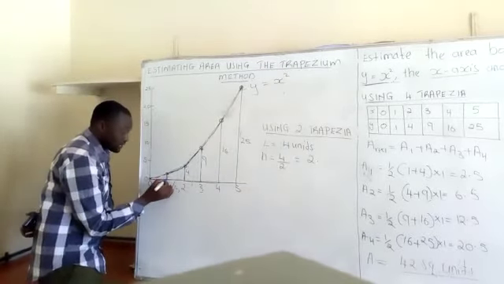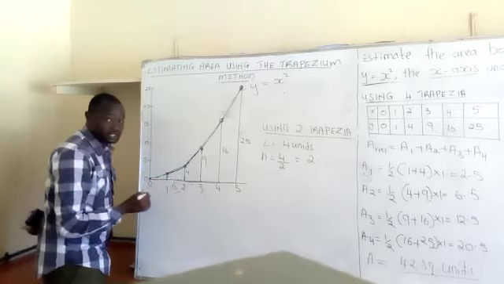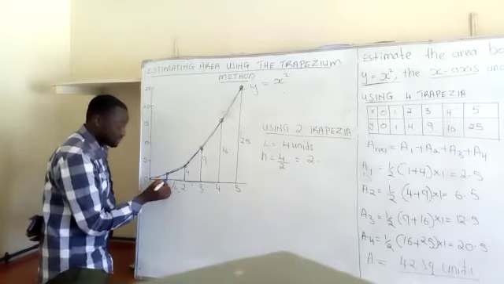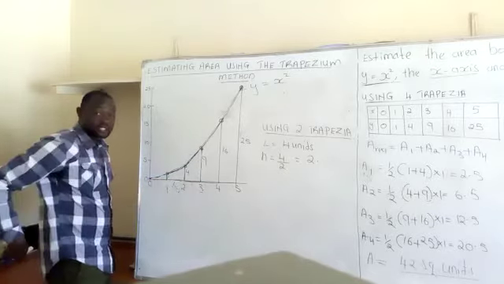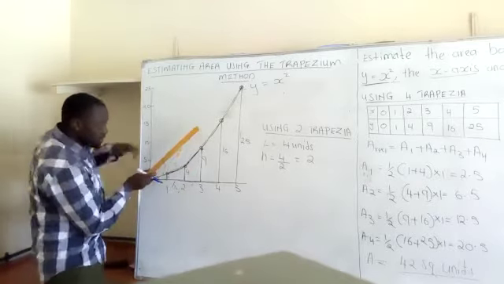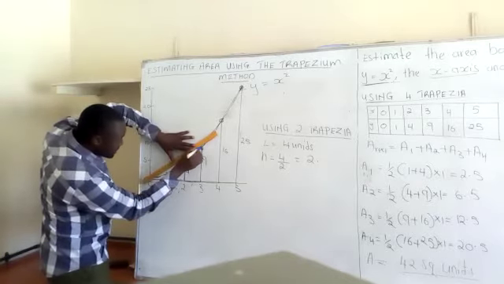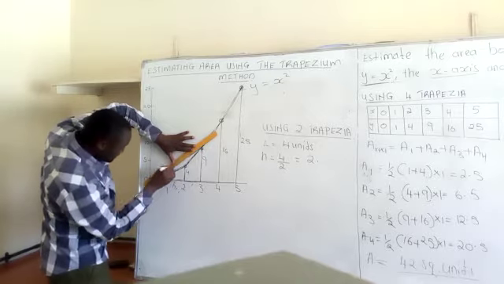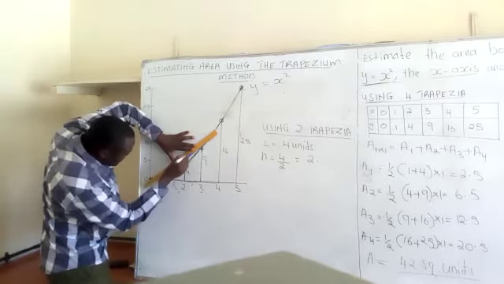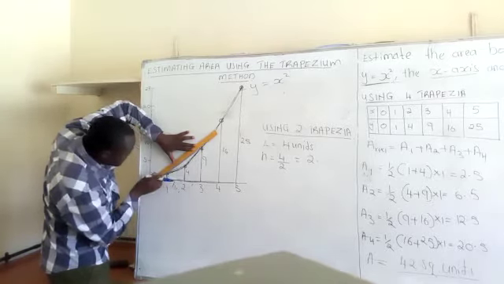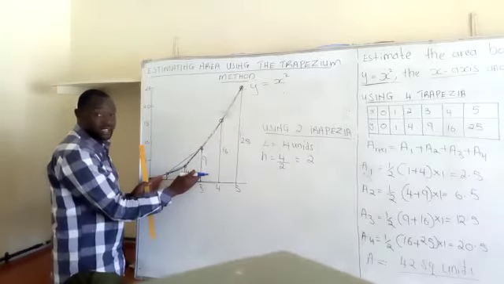Therefore, from 1, then 2 units, the first trapezia will be from x equals 1 up to x equals 3. You notice by taking this trapezium here, we have taken a bigger trapezia than we had in the first case.